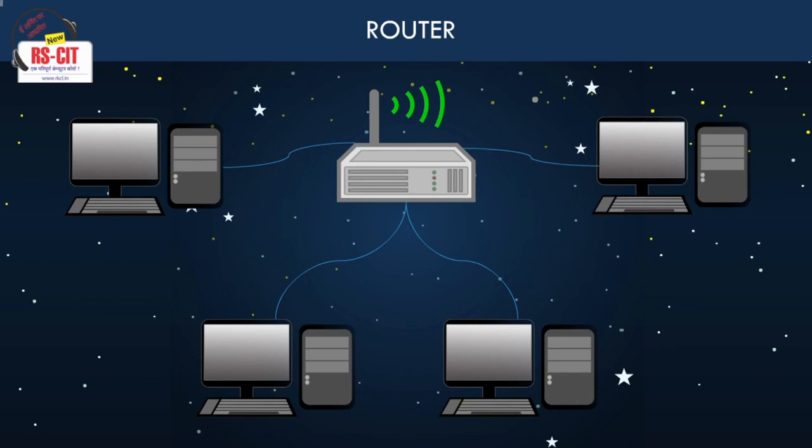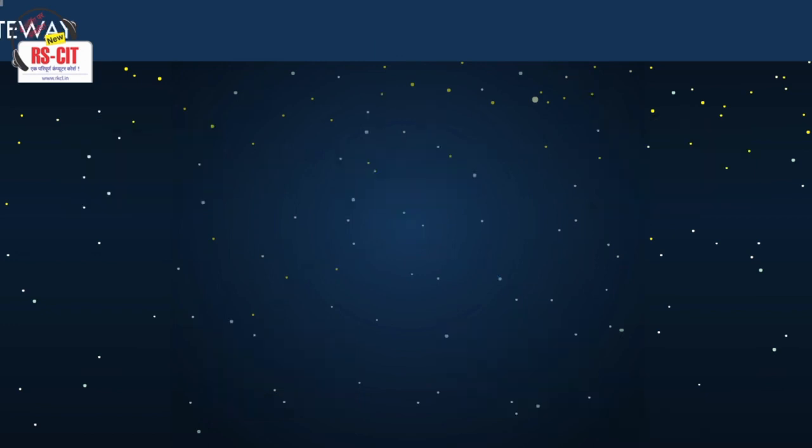Routers perform the traffic directing functions on the internet. A data packet is typically forwarded from one router to another through the networks that constitute the internetwork until it reaches its destination node.